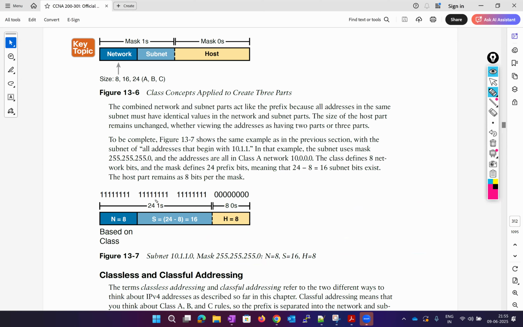So you have 16 bits of subnet and 8 bits of network, which was already part of class A. In total, 8 plus 8 plus 8, that is 24. So your network bits, the original 8 bits, plus your subnet bits, the borrowed bits, give you the prefix. We call this total number of ones in subnetting the prefix.